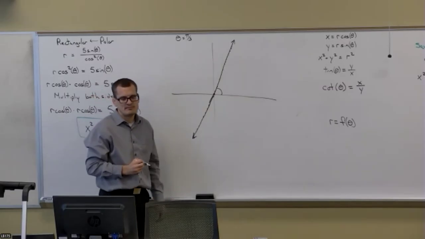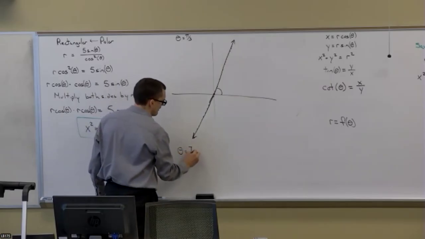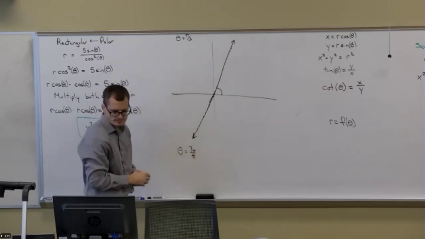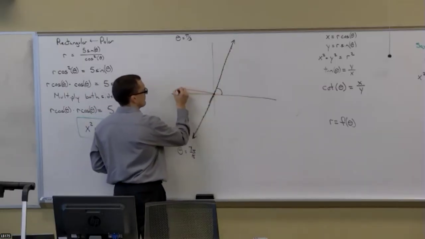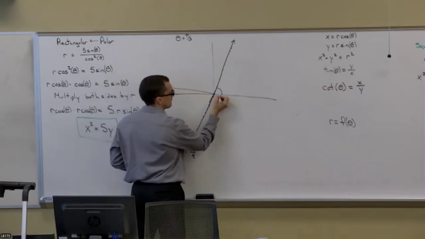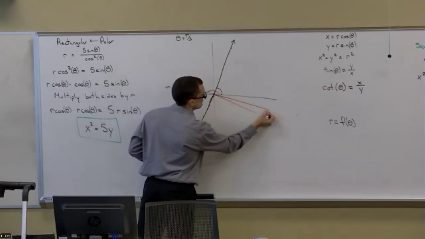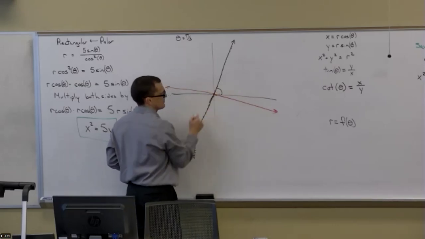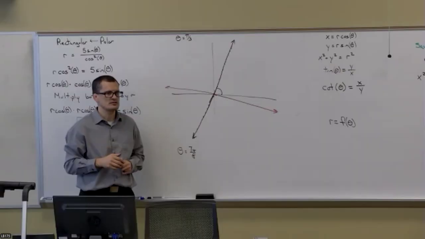Okay. The same thing is going to be true for any theta equals, let's say it was 7 pi/8. 7 pi/8 would be like this angle. And so we get a line through the origin. Theta equals angle is always going to give me a line through the origin.